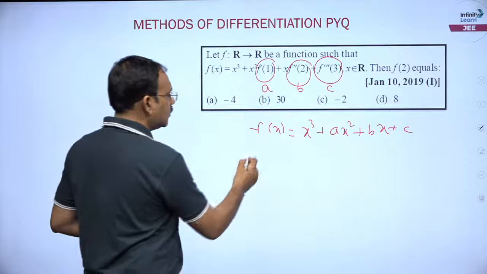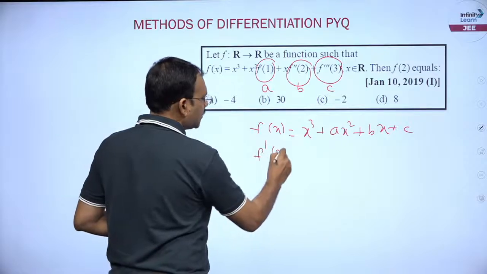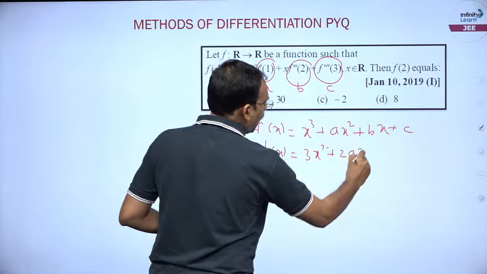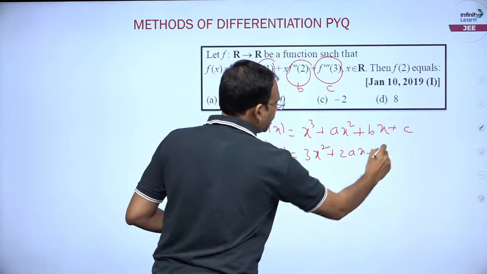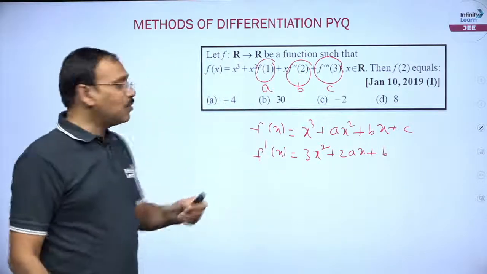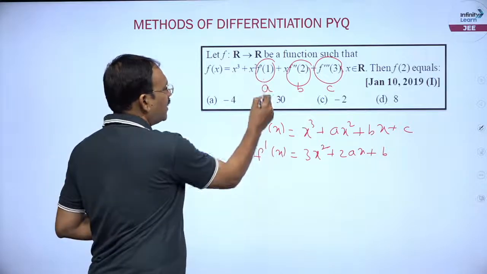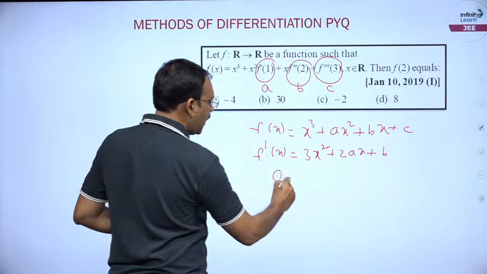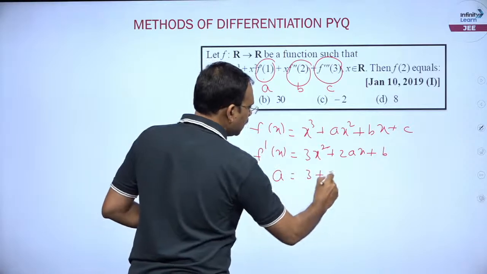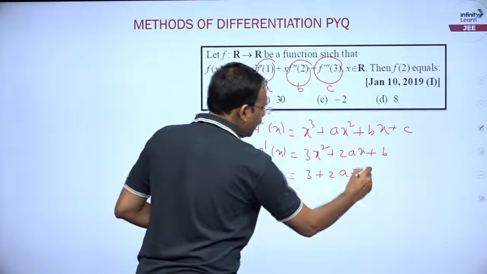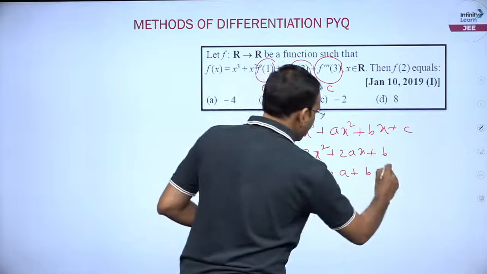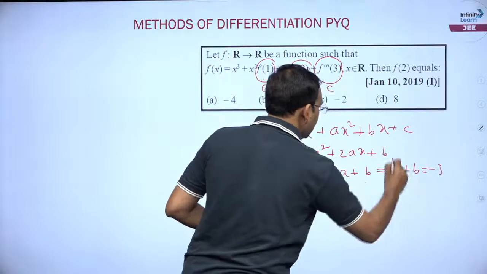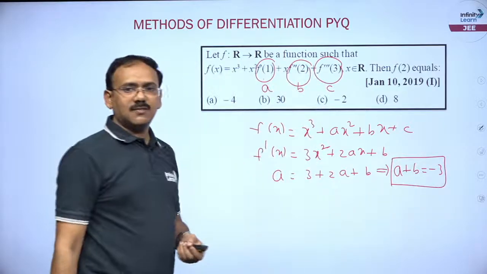So, fine, you just take f dash x, which is 3x square plus 2ax plus b, but we know that f dash of 1 is a. Put x is equal to 1: this is a, this is 3, this is 2a, this is b. So, from this you can say, friends, a plus b is going to be minus 3, first equation.